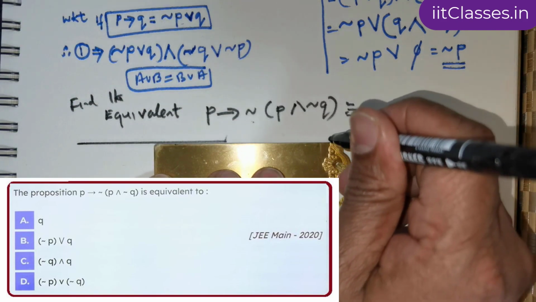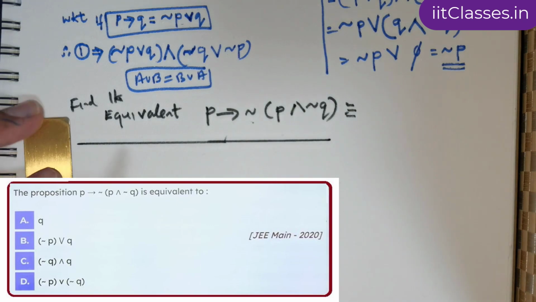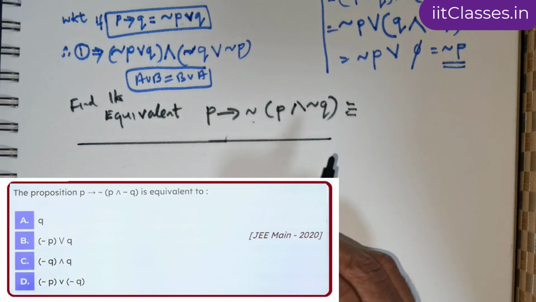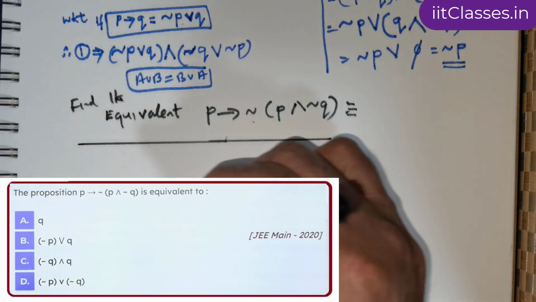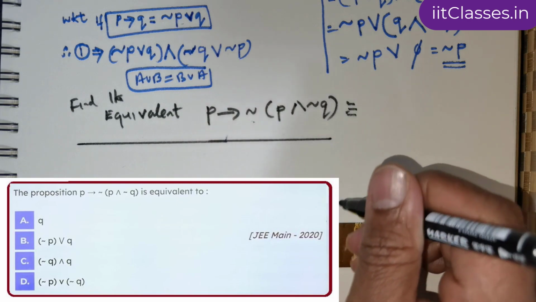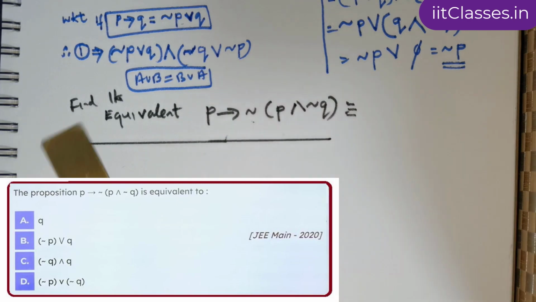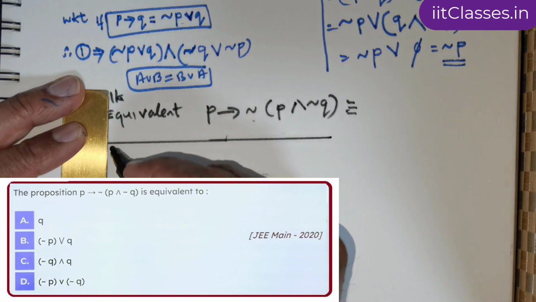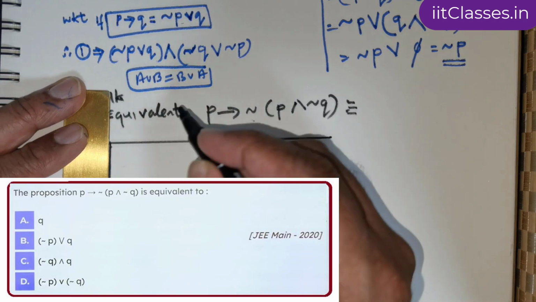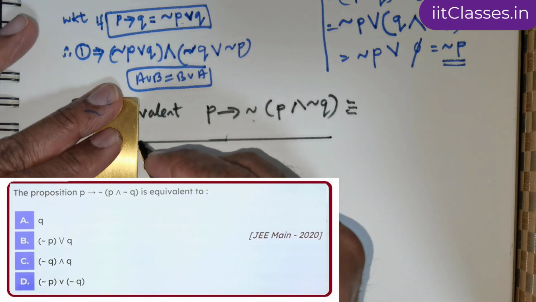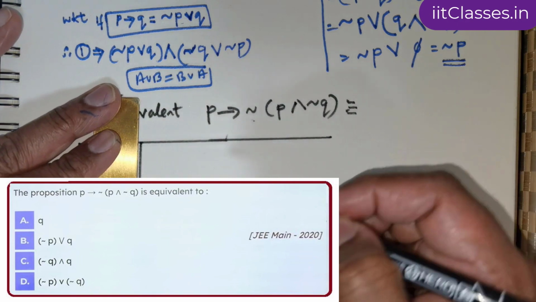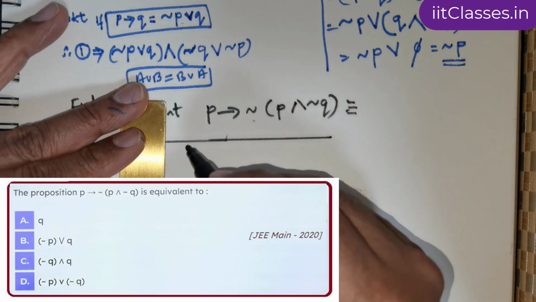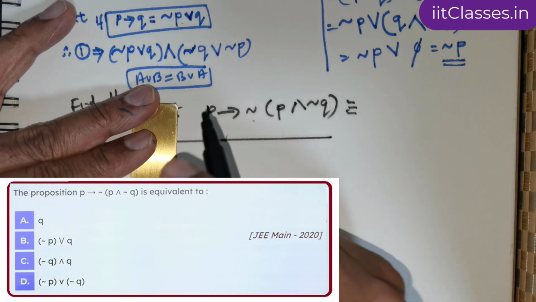So let me draw the truth table. So this is for P, for Q, and negation.